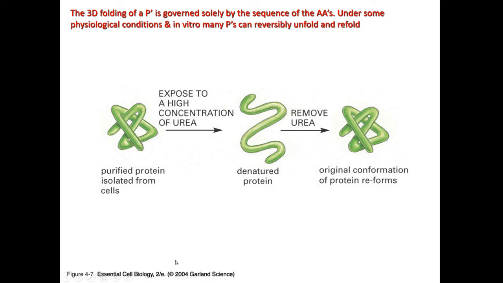You can see a purified protein isolated from cells, exposed to a high concentration of urea, becomes a denatured protein. If we remove the urea, it again gets its original conformation and is reformed. That is how we can predict and analyze the folding process.